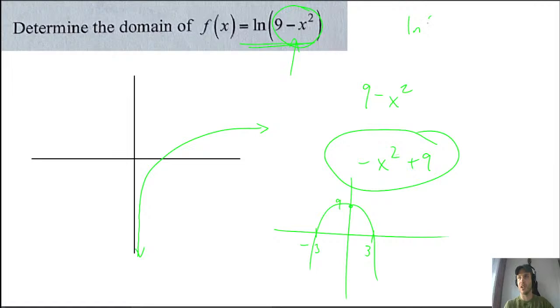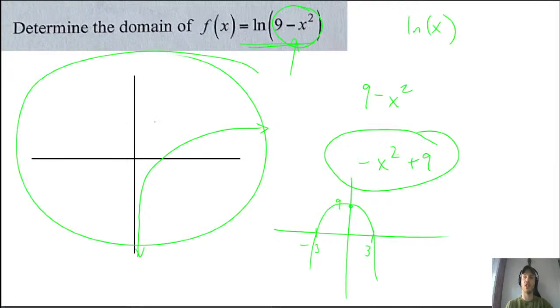Now, the log of x, if you look at our base log function here, we only have values where x is positive. Can't even be 0, okay? So only the values that come out of this function, which are greater than 0, can go into f, the function that we're working with here.